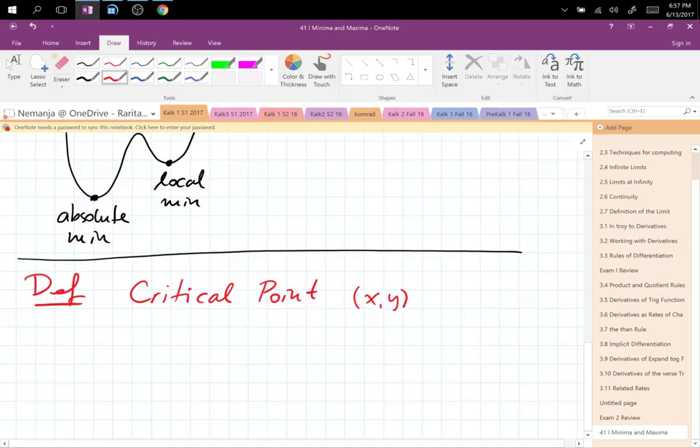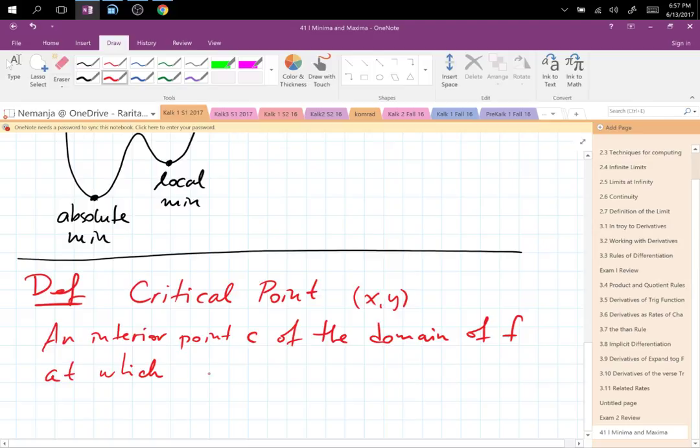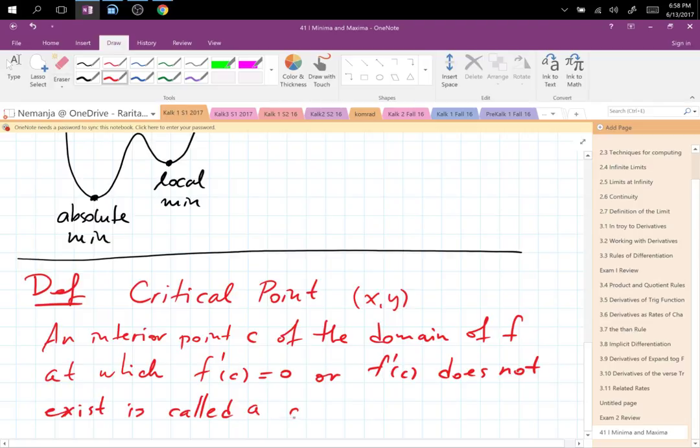An interior point c of the domain of f at which f prime of c equals 0, or f prime of c does not exist, is called a critical point of f.